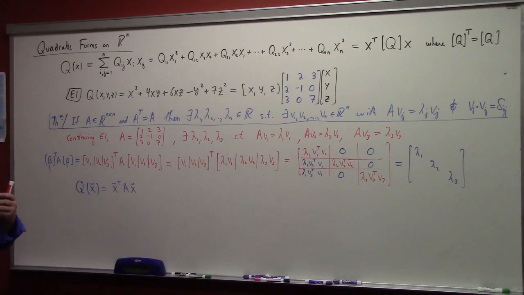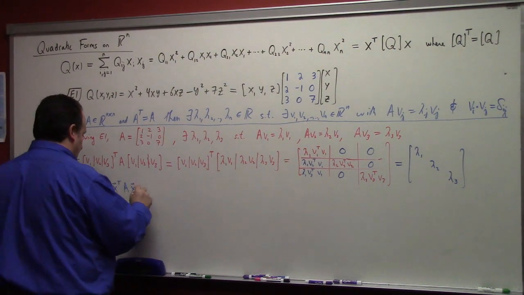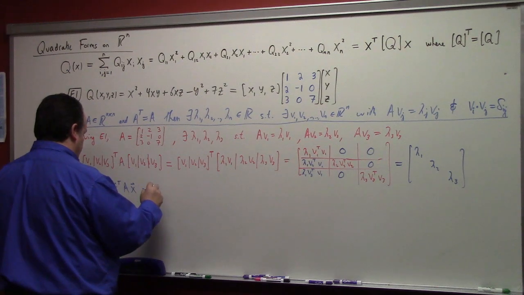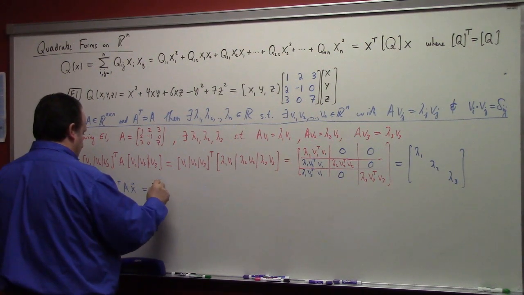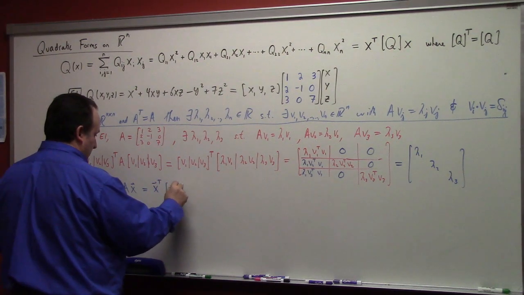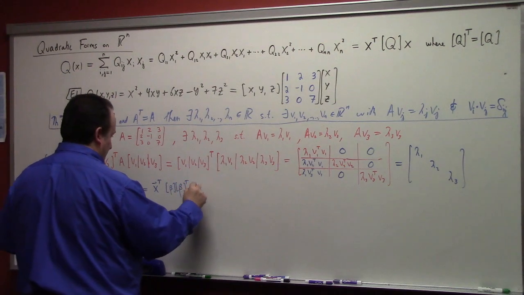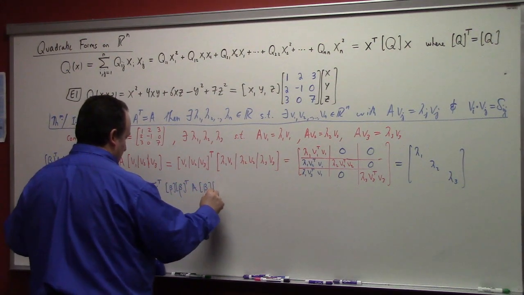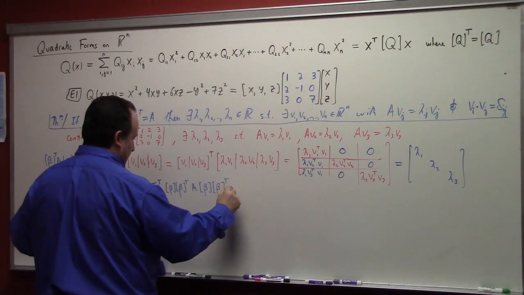But I could also rewrite that as x transpose beta transpose A beta transpose x.